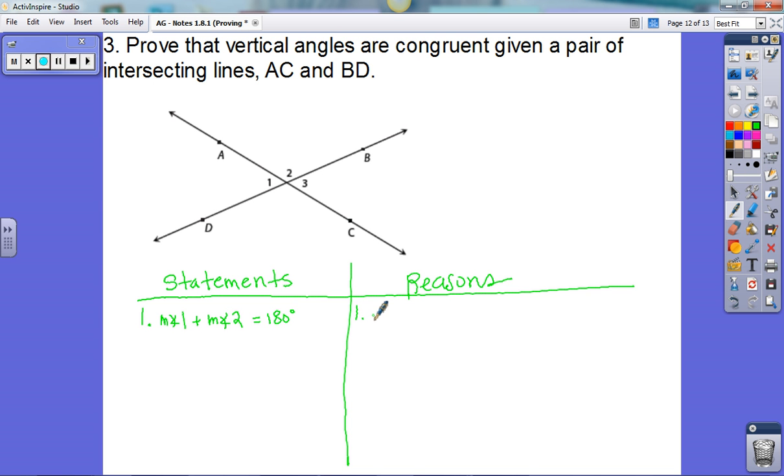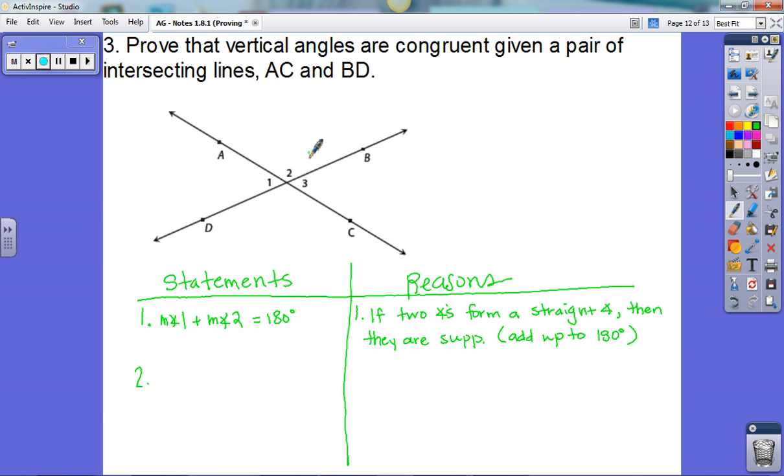My reason for that would be if two angles form a straight angle, then they are supplementary, and in parentheses I'm going to put add up to 180.